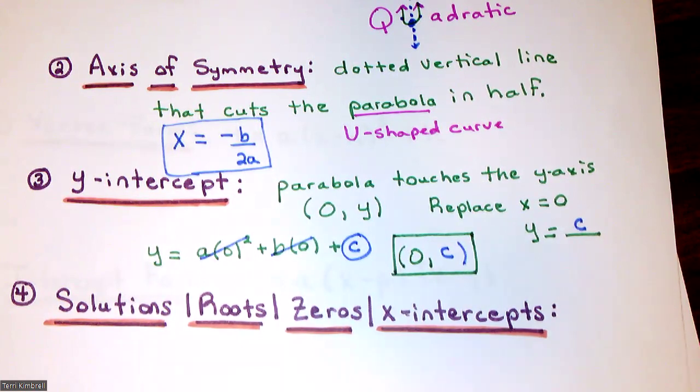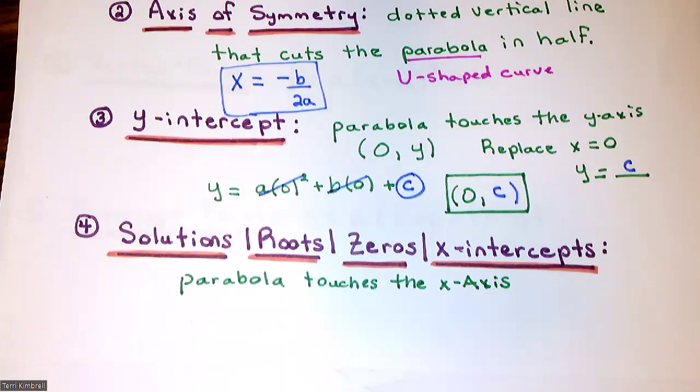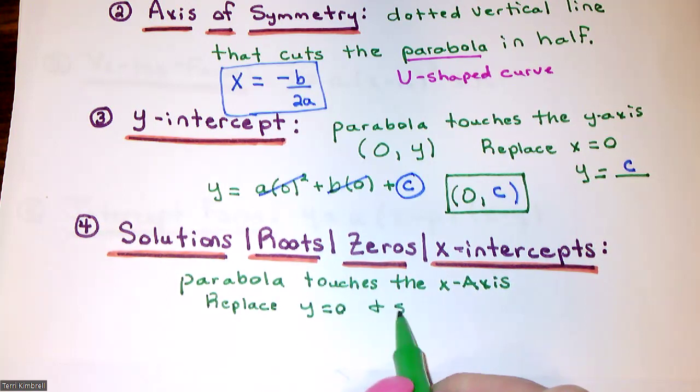Okay? To find solutions, roots, zeros, and x-intercepts, this is where the parabola would touch the x-axis. So when you're looking for where the parabola touches the x-axis, you're going to replace y with 0 and solve for x.